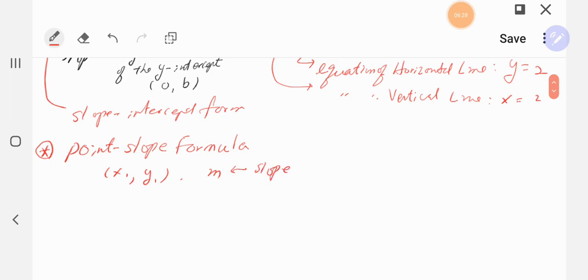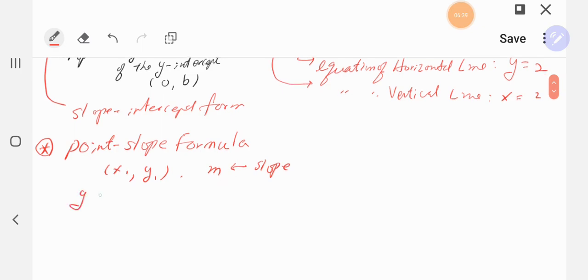We can write an equation of the line that passes through this point with slope m like this: y minus y1 is equal to m times x minus x1. Very important formula, so memorize this.